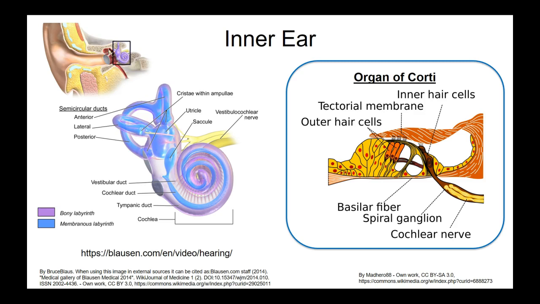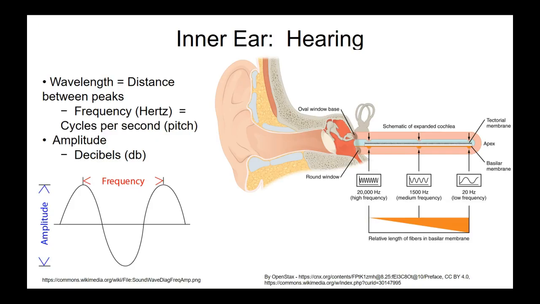Now we're going to move on and take a look at the vestibule and the semicircular canals. The utricle and saccule, which you don't need to know, are part of the vestibule. We're going to focus on this other part of the inner ear that's involved with equilibrium.